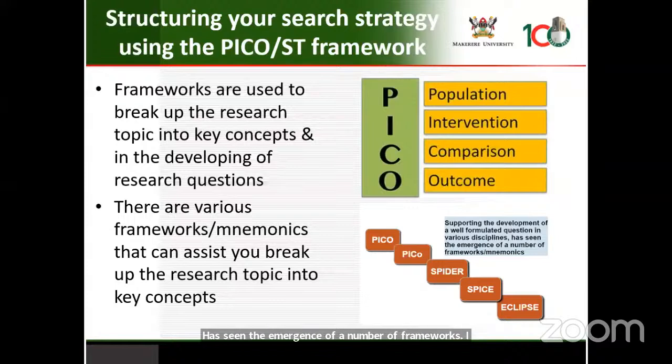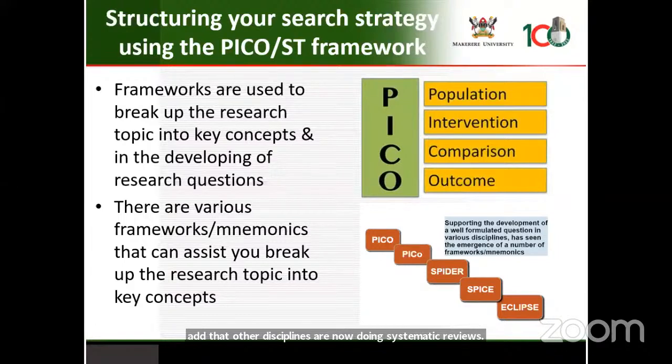I think on day one, I remember someone asking whether systematic reviews are only done in the health sciences. I don't know if that was answered. I think it was an online participant. Yes, I think the person from Cochrane Kenya answered that, but I can also add that other disciplines are now doing systematic reviews.